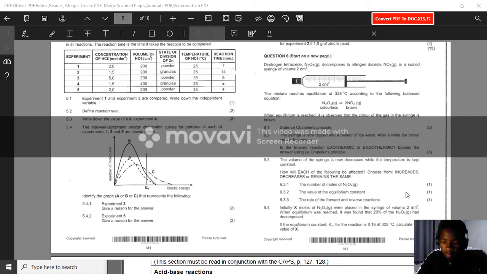Okay, guys, today I want us to look at this question 6. This question 6 is in the paper of 2019, November 2018.